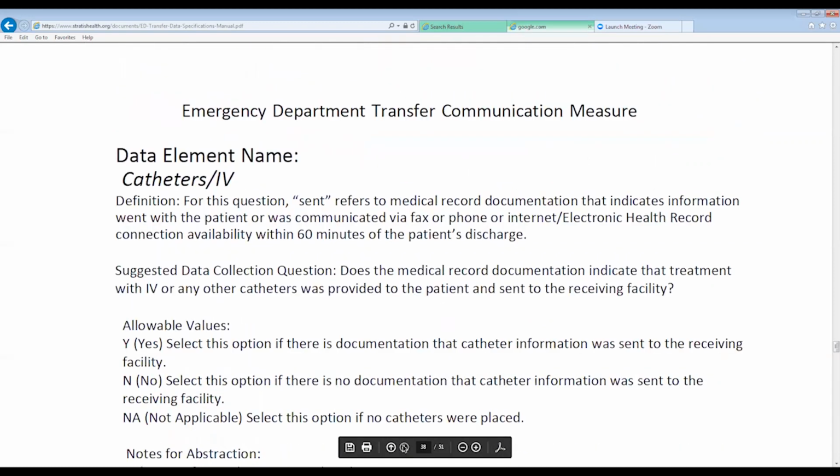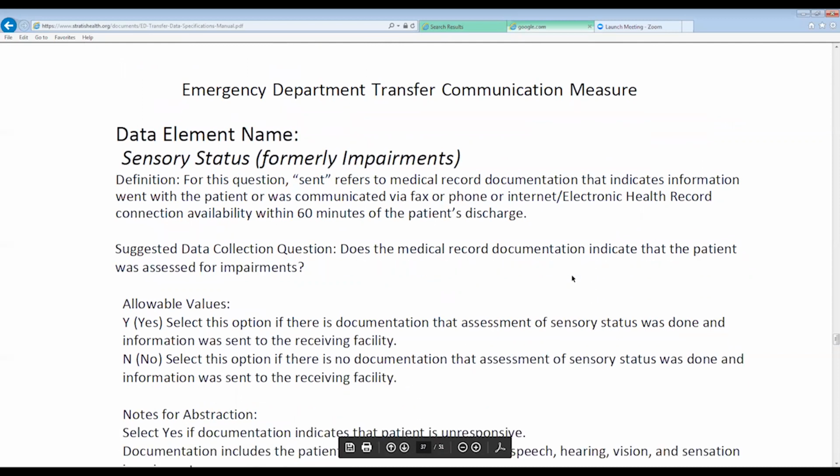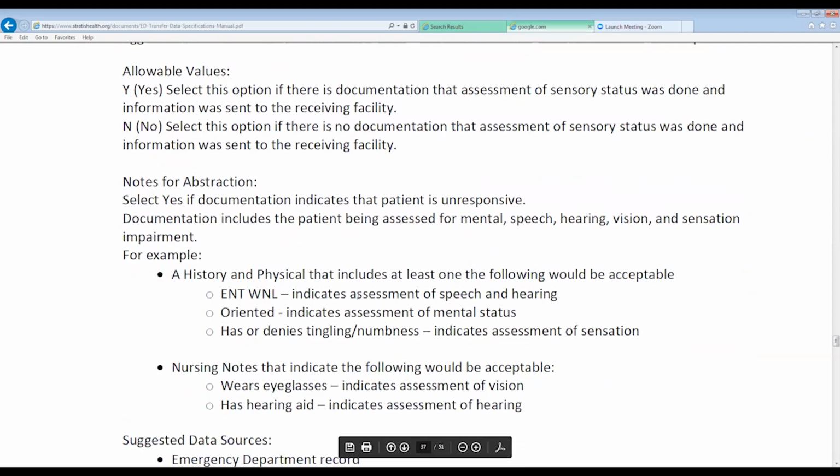Sensory status, oops, sorry. It used to be called impairments, but really what we're looking for here, what you would find most often, is that there was an assessment for one of these things. A mental status, speech, hearing, vision, sensation impairment, at least one of those.